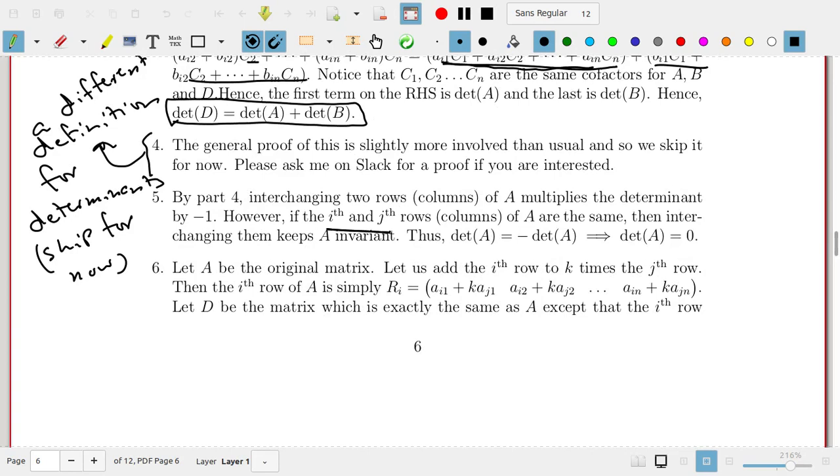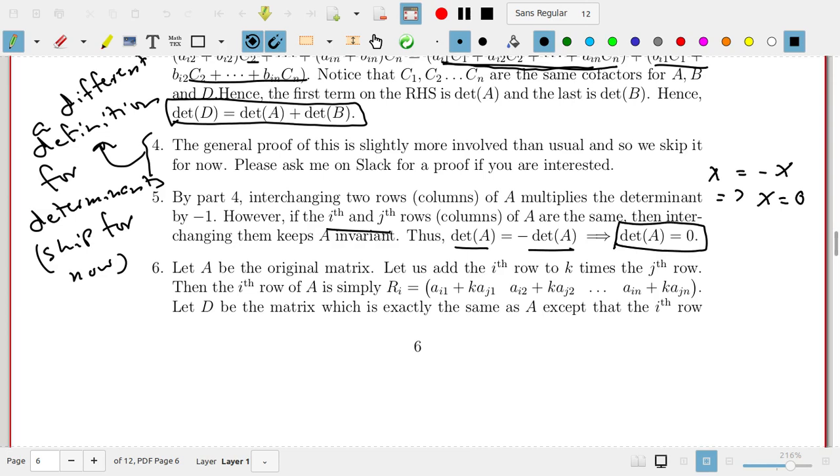If you switch them, the determinant should be multiplied by -1. However, switching them is going to leave the determinant invariant. So the determinant of A is equal to the negative determinant of A, meaning some number x equals the negative of x. But this is only possible if x is 0. So the determinant of A is 0 if two rows or two columns are identical.